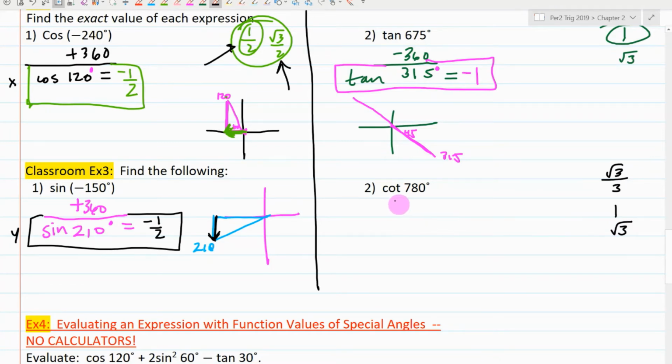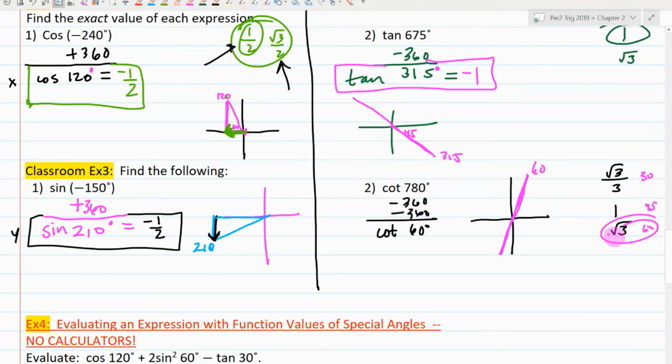So I'm going to subtract 360 twice. So that'll give me cotangent of 60 degrees. So tangent at 60 is the steep slope. So at 60 degrees, 30, 45, and 60, this is tangent, which means cotangent will be the 30. It'll be the other one, not 1 because that's only at the 45.